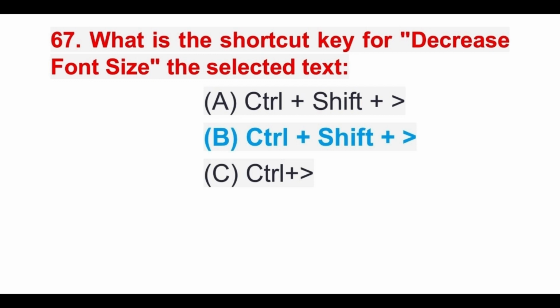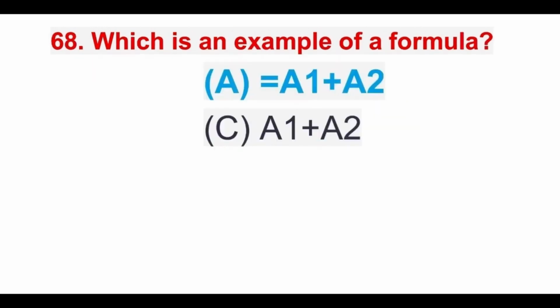What is the shortcut key for decrease font size of the selected text? That answer is Ctrl plus Shift plus greater than symbol. Question number 68. Which is an example of a formula? That answer is A1 plus A2.